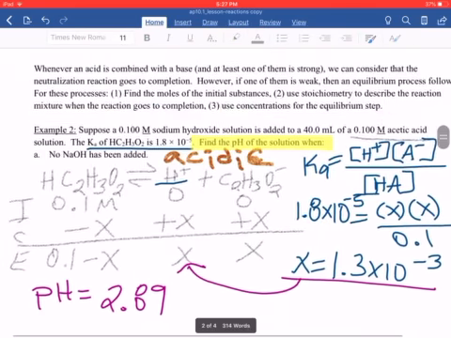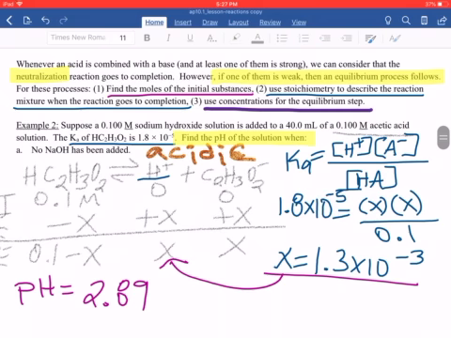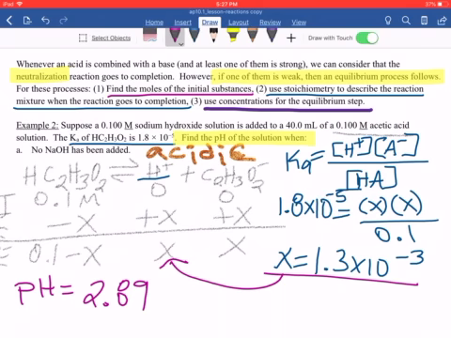And so if we scroll back up here, the volume of acetic acid was 40 milliliters, and the molarity is 0.1, and I'm getting that from right here. So 40 milliliters times 0.1, and we also know that sodium hydroxide is 0.1.